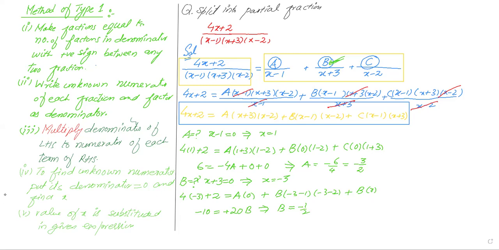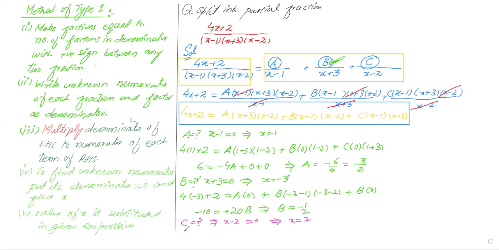Now I have to find the value of the other constant, C. To find this one, I have to put x minus 2 equal to 0. What should be the answer? You have to replace x by 2, in the equation of yellow color.